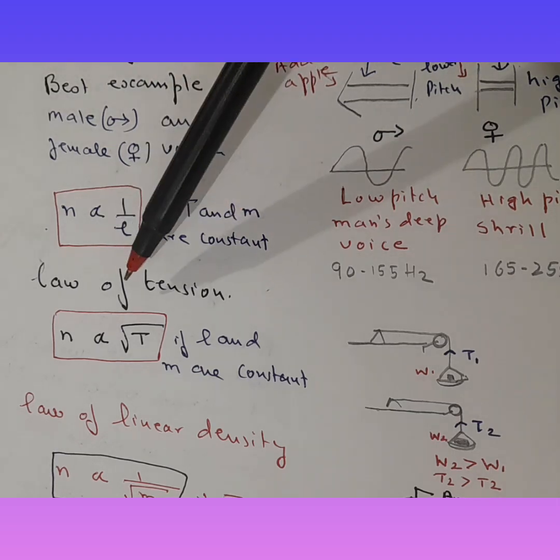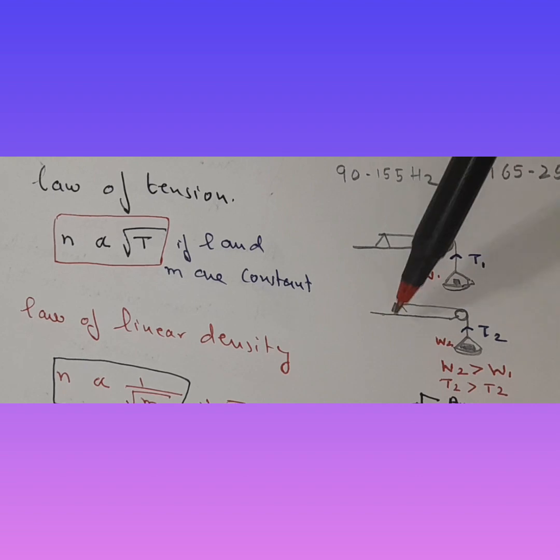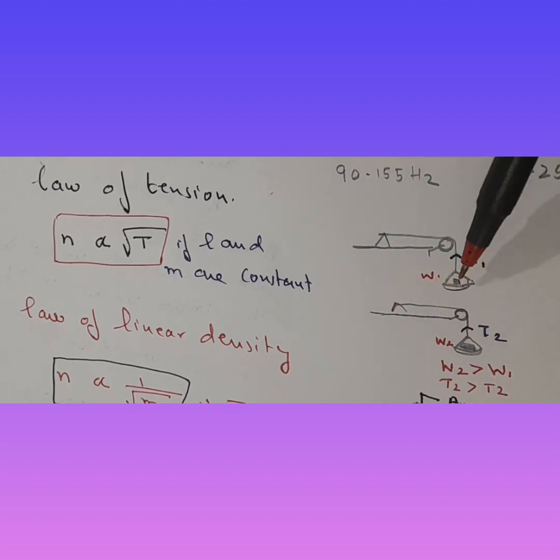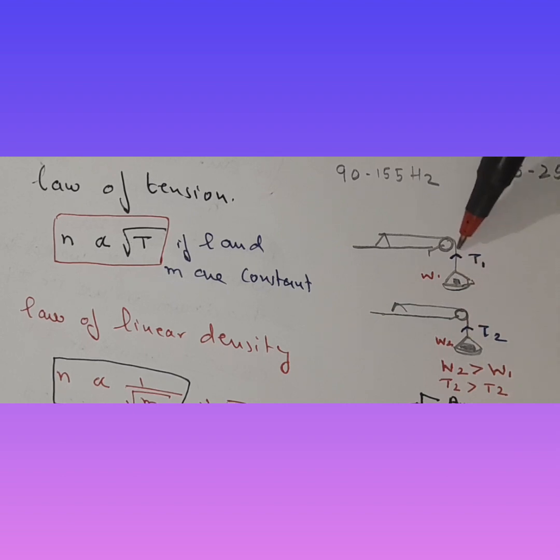In case of law of tension, we can take an example of the string which passes around the pulley and is tied to weight. In this case it is tied to heavier weight, in this case to lighter weight. Heavier weight means higher tension, lighter weight lower tension. Tension is always towards the place where the string is attached to a support. Here tension is moving up, here also tension is moving up.